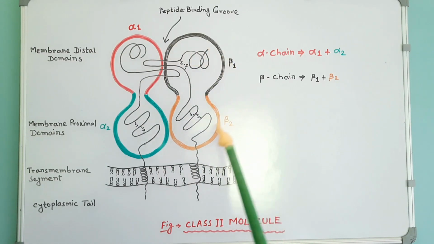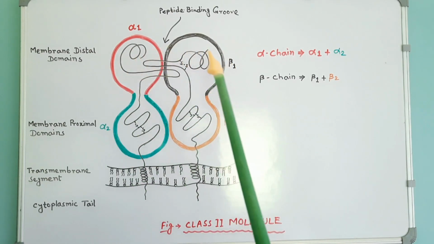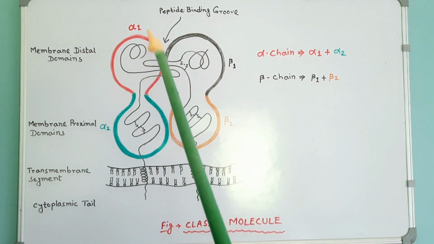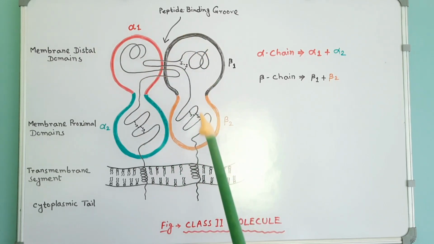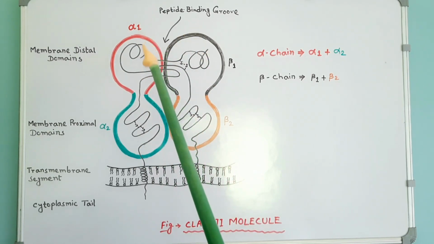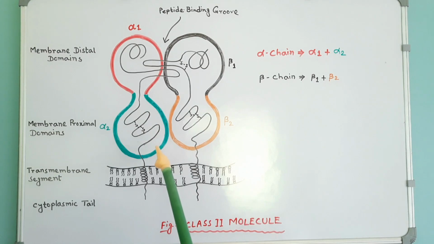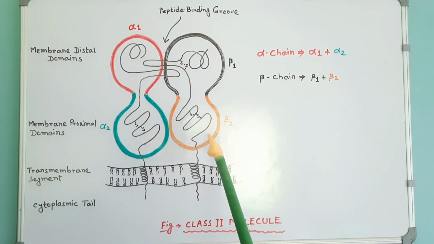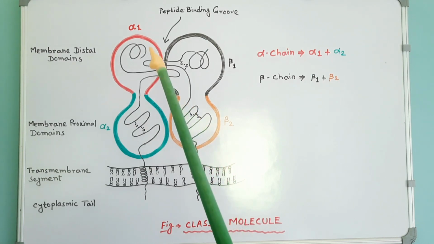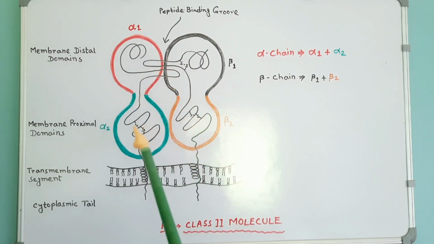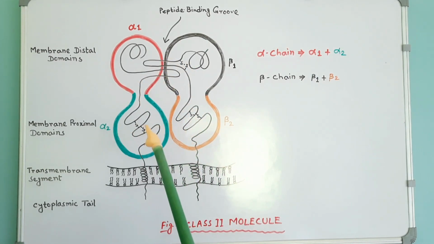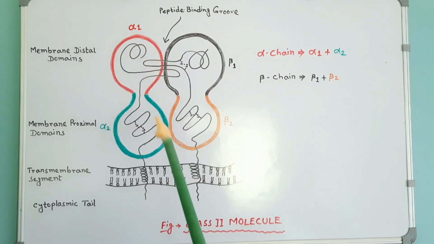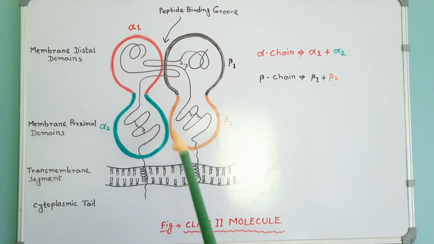It is a diagram of class II MHC molecule. It contains two different polypeptide chains, a 33 kilodalton alpha chain and a 28 kilodalton beta chain. The two chains are associated by non-covalent interactions. Here, both the chains are membrane bound.